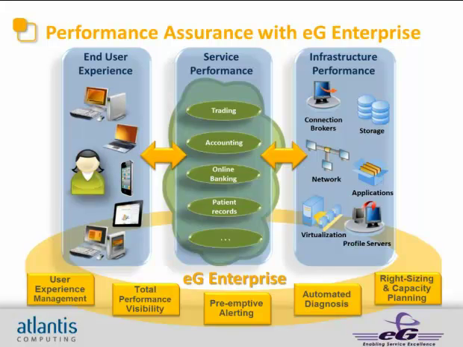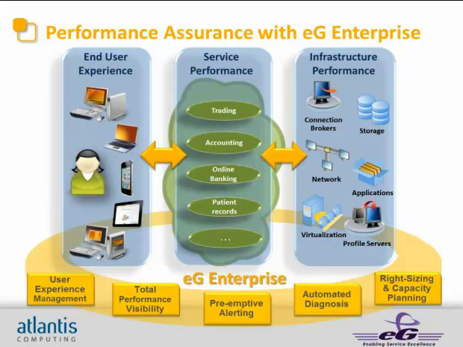Our ability to bring all of this together as a cohesive entity gives us the ability to correlate across these disparate pieces of infrastructure and services being delivered, and help you assure performance in your environment to your users' benefit and to your IT staff's benefit.